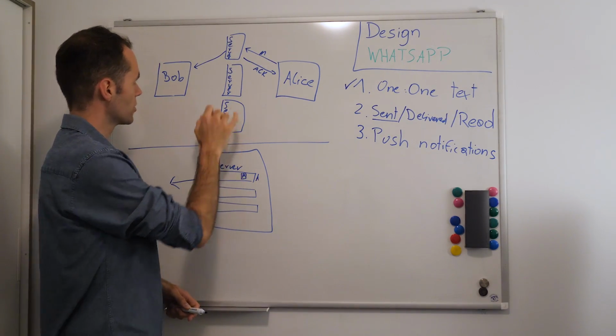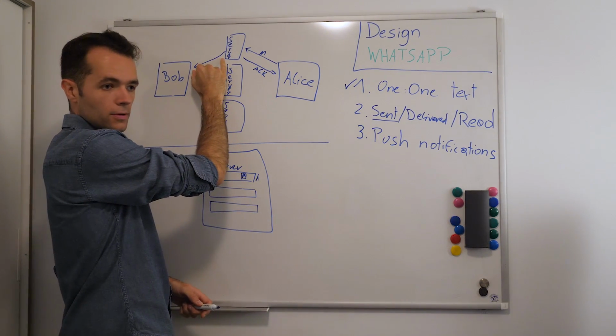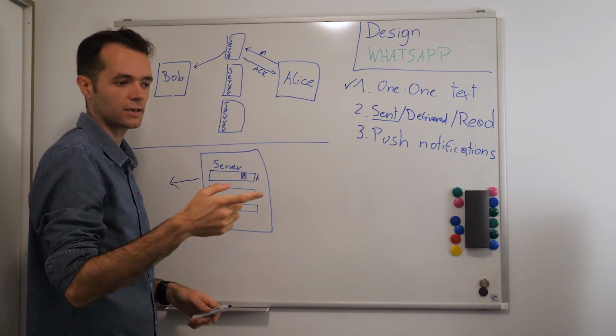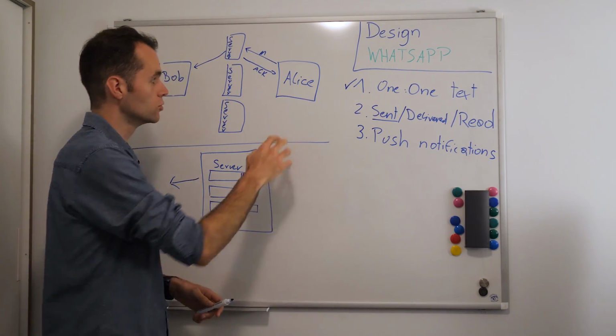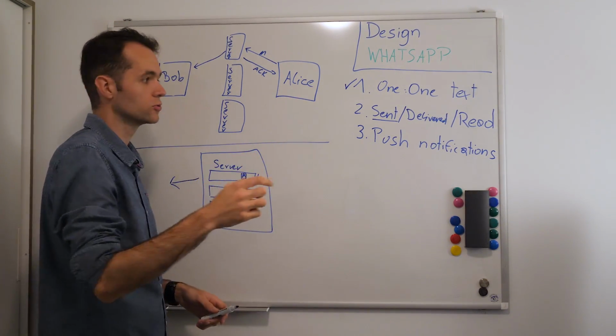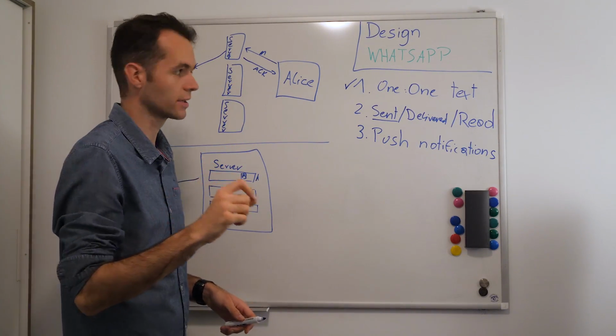Only when this server can deliver the message to Bob, we have to open up a second connection, or at least we have to connect to Alice just to send the delivered check mark.